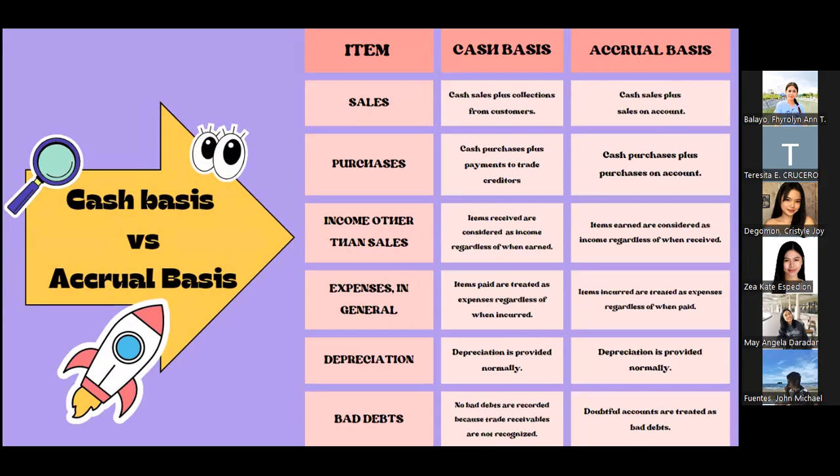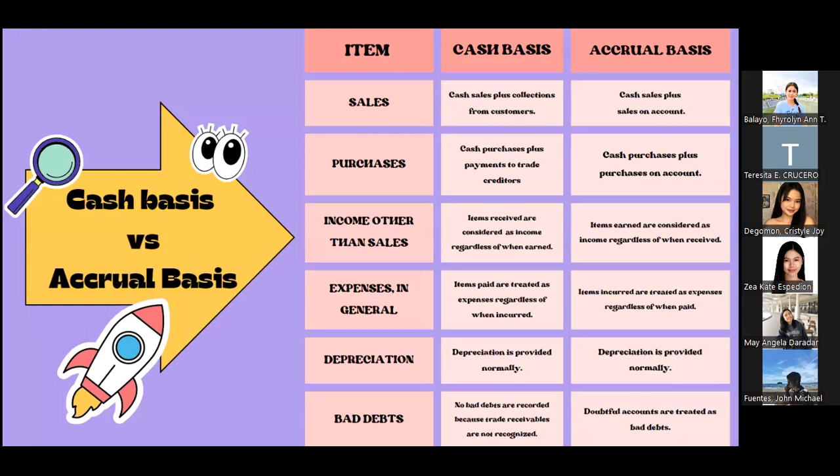Under accrual basis, sales is equal to cash sales plus sales on account or credit sales. Next, purchases. Under cash basis, purchases is equal to cash purchases plus payments to trade creditors. Under accrual basis, purchases is equal to cash purchases plus purchases on account or payables.